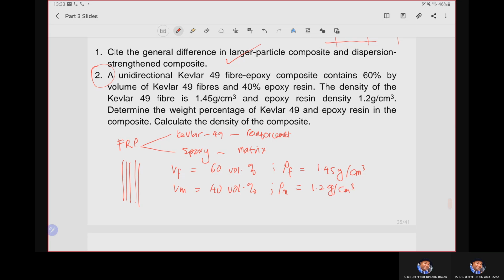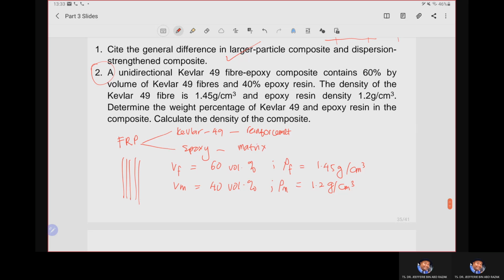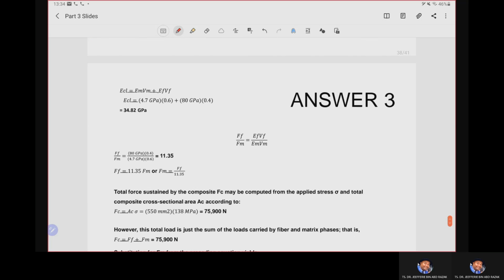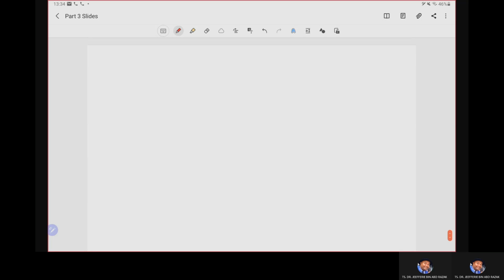Determine the weight percentages of Kevlar 49 and epoxy resin in the composite, and calculate the density of the composite. So how do we do this?